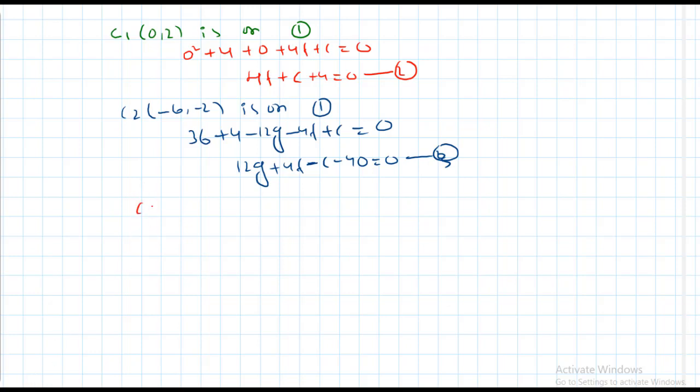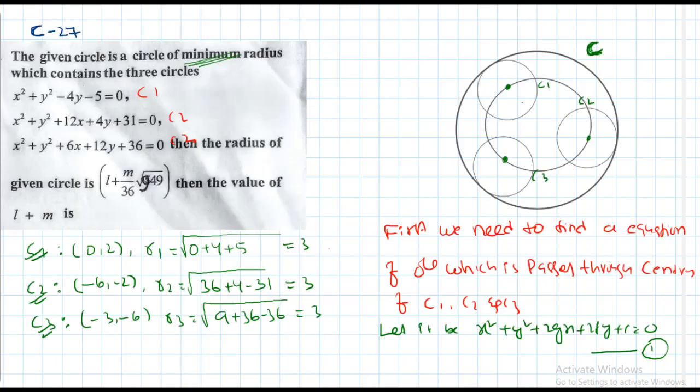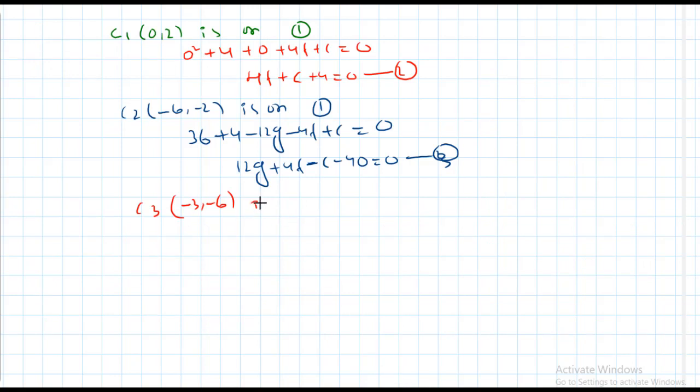Okay, C3, minus 3 comma minus 6, is on 1. 9 plus 36 minus 6g minus 12f plus c equal to 0, or 6g plus 12f minus c minus 45 equal to 0.